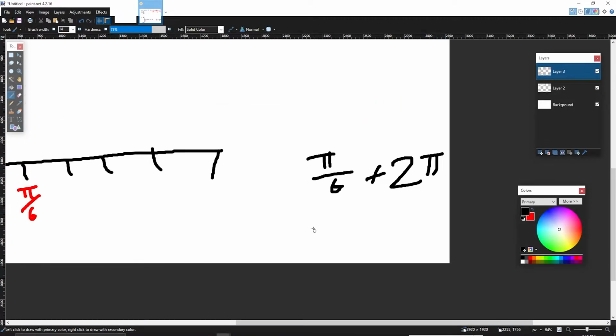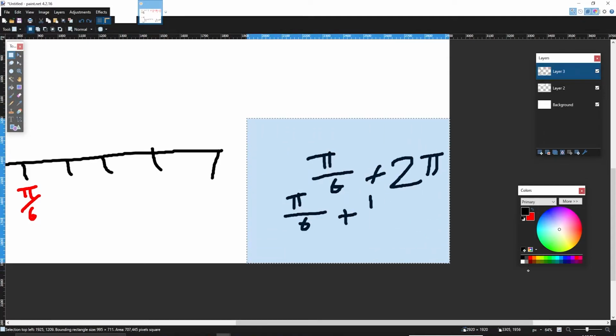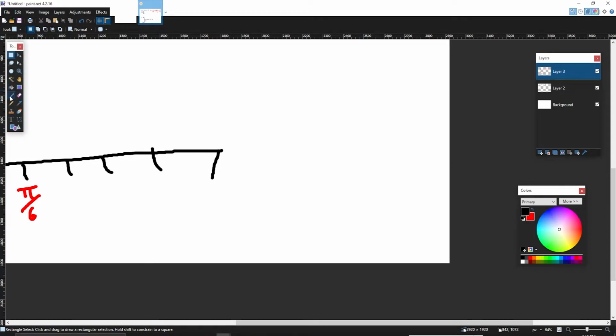We will change this to pi by 6 plus 12 pi over 6. And you add that, pi plus 12 pi is 13 pi, so you just have 13 pi by 6. That's going to be the last point, right? Nice. So here we're going to have 13 pi by 6.